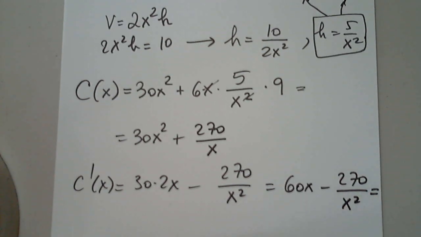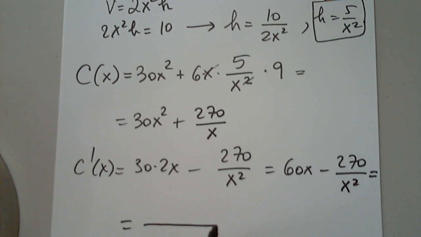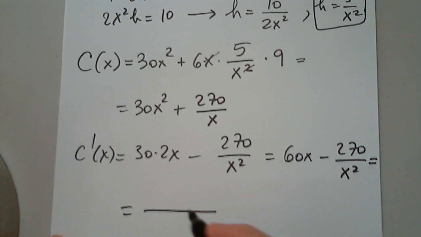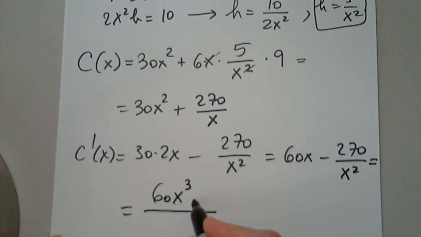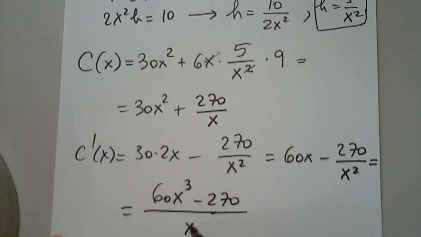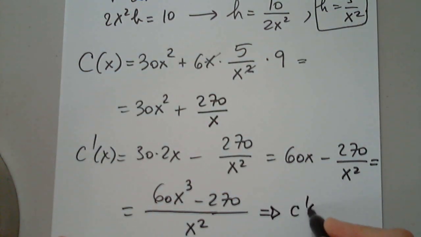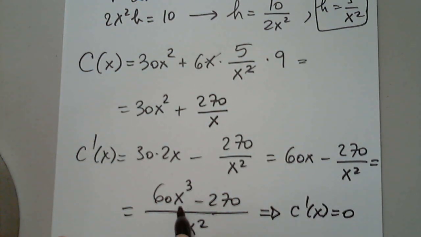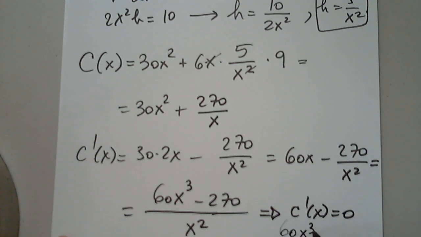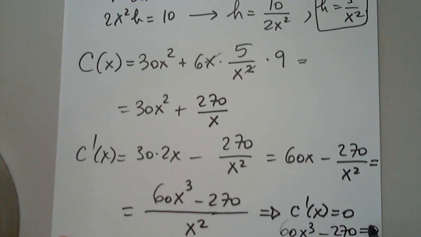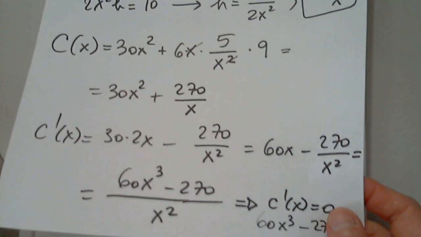And yes, this is the easiest way because you need to study the sign. So 60x cubed minus 270 over x squared. It's never undefined because x cannot be 0, but c prime of x can be 0 when 60x cubed minus 270 is 0. And there is only one real solution here.